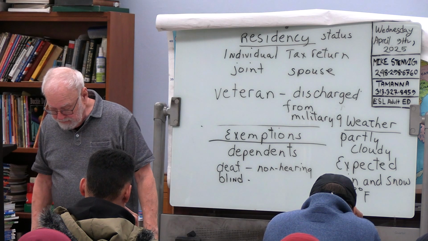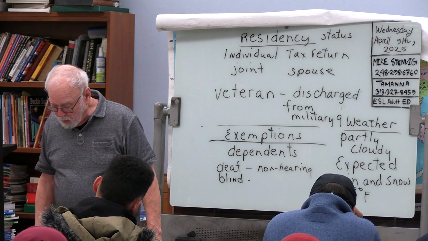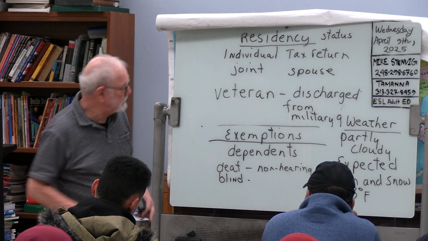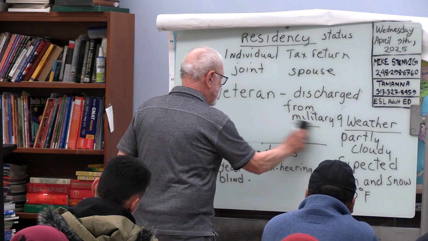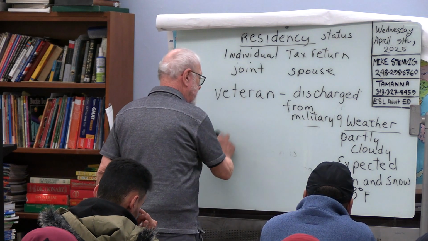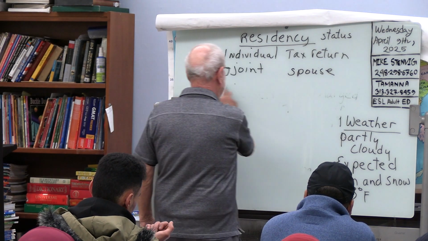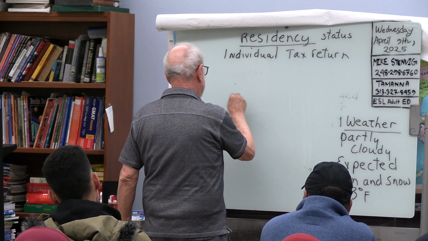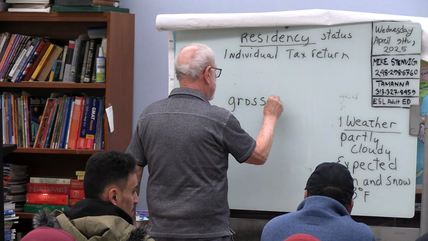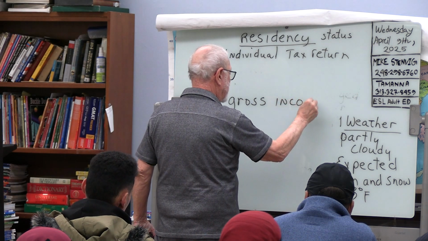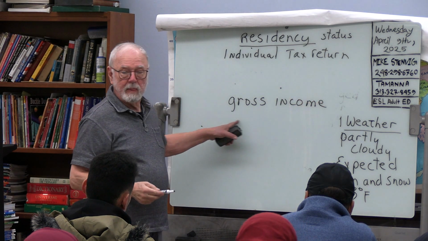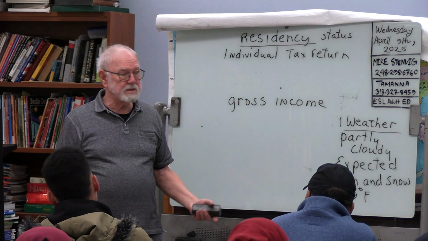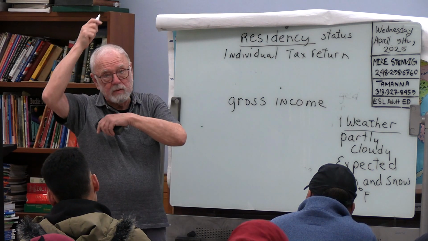Going down here to number 10. Adjusted gross income. Gross income is the top one. All the money.